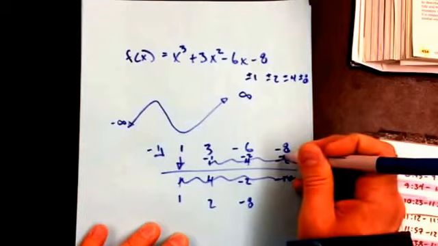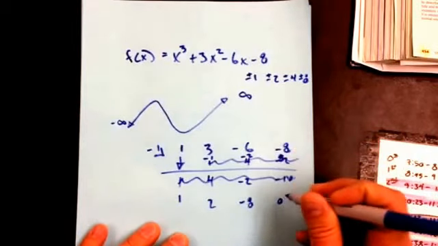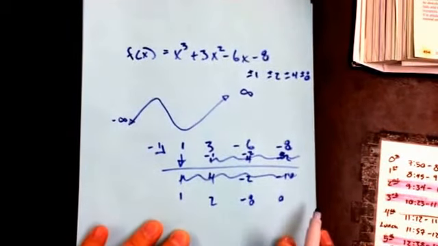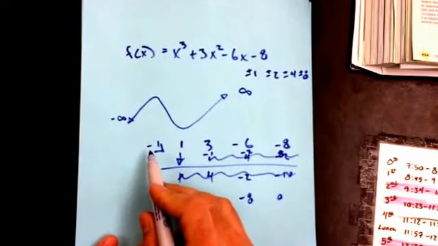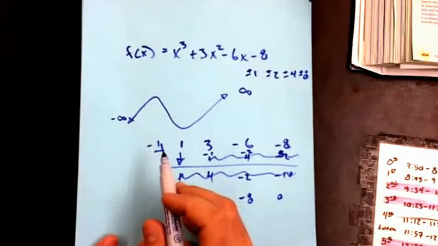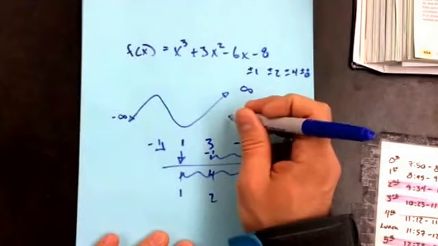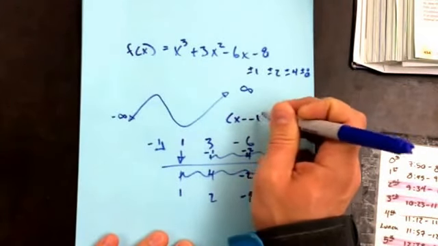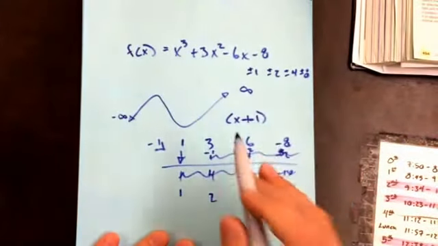And negative 1 does work because it doesn't give me a remainder. So one of the roots is negative 1, which means one of the factors is x minus negative 1 or x plus 1. That's one of the factors.